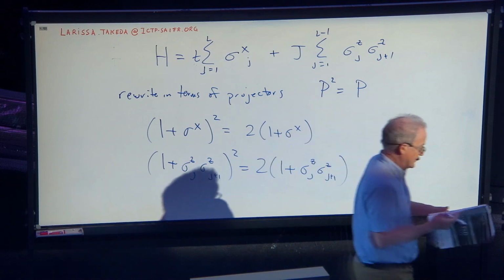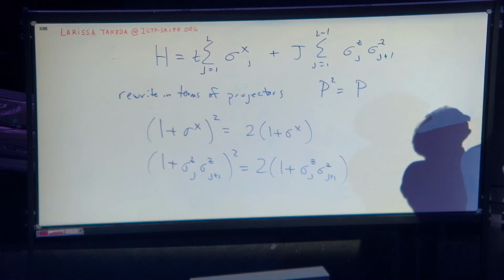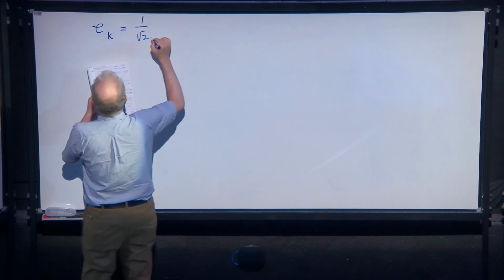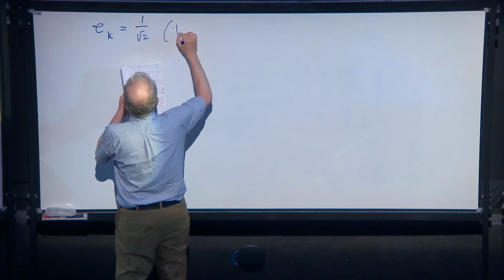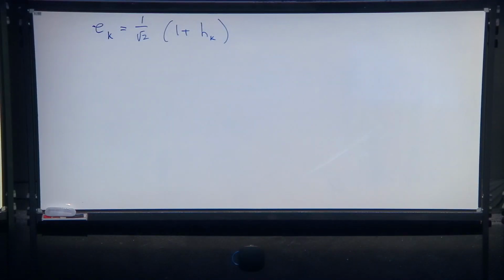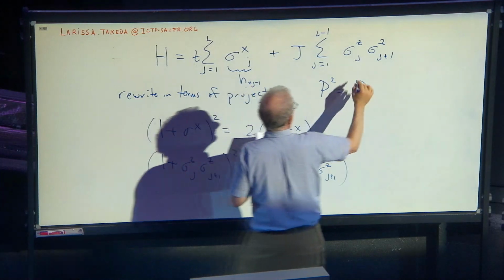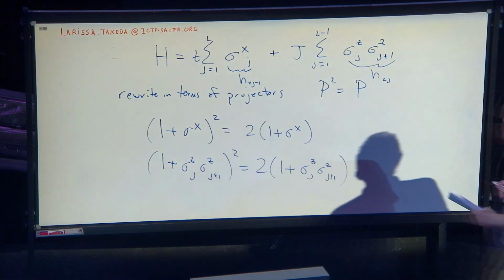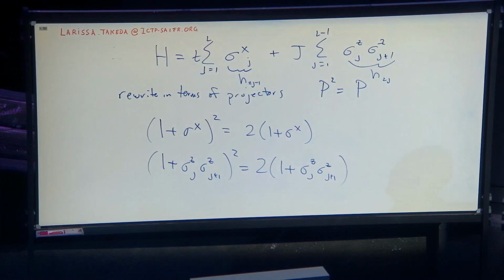So I'm going to define now operators. I'll just call it E_k, and then I'm going to use the notation from last time to make it uniform. If you remember, this thing was H_{2j-1}, and this thing was H_{2j}, each of which squares to 1.